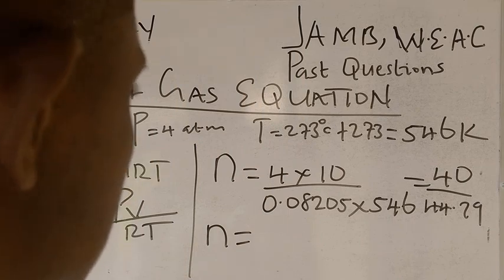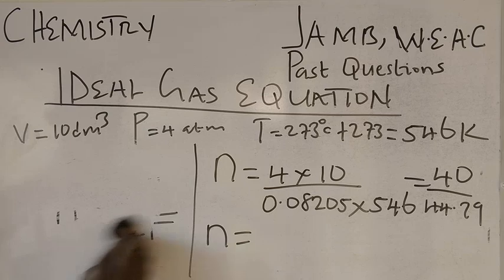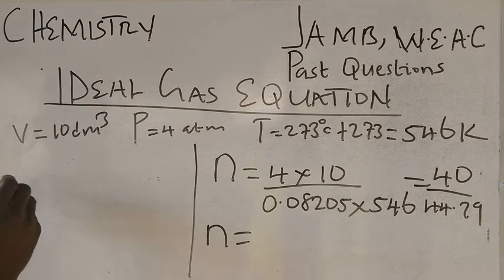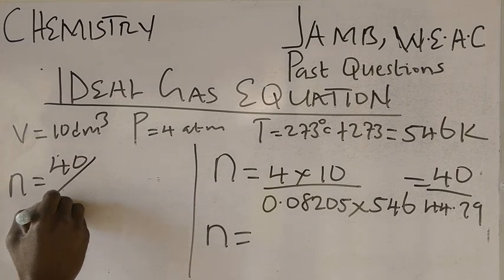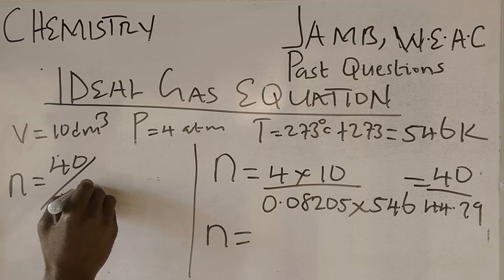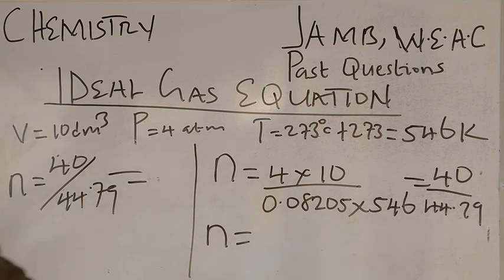So now you come back here. Our n will be equal to 40 over 44.79. So what's the answer?